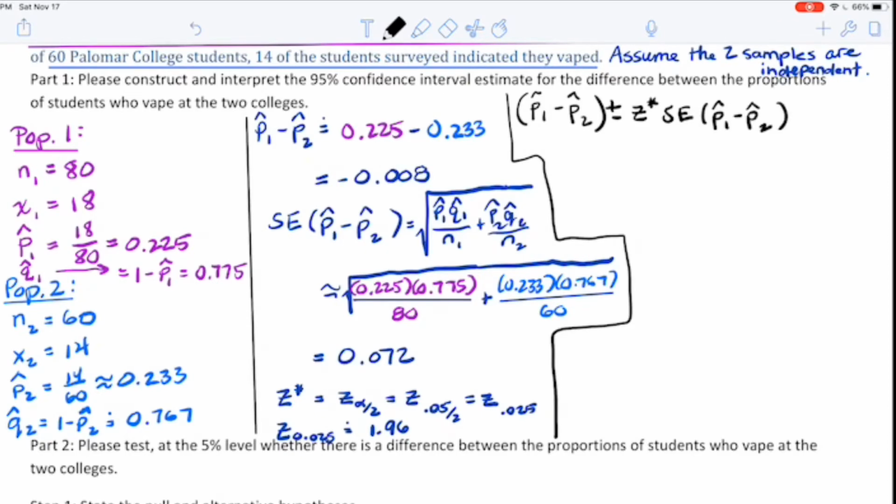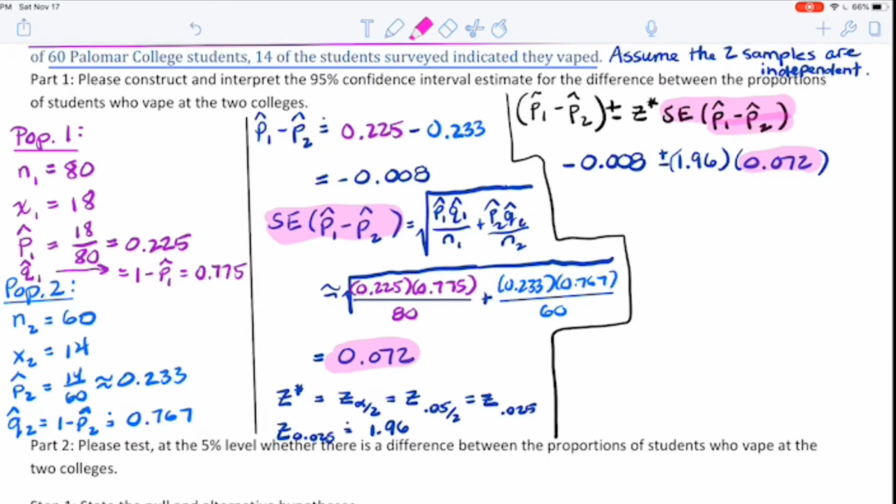And we found all that information. That's the best part. So remember, p hat 1 minus p hat 2 is negative 0.008. And then that'll be plus or minus z star, which was 1.96, times the standard error of the difference between the sample proportions, which was 0.072 approximately. So let's see where we got these values. The standard error was that formula there, and that was equal to 0.072.